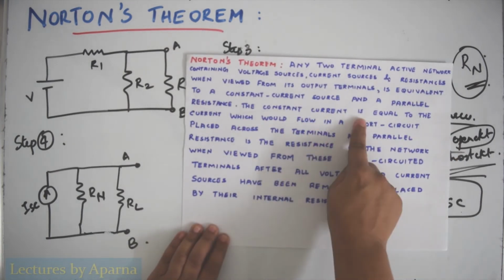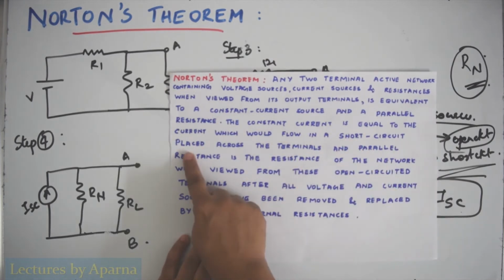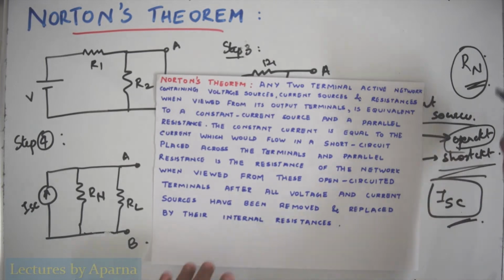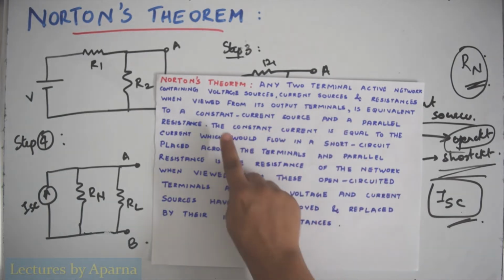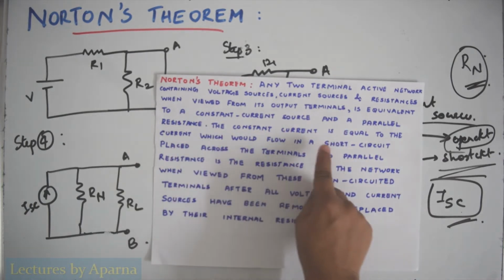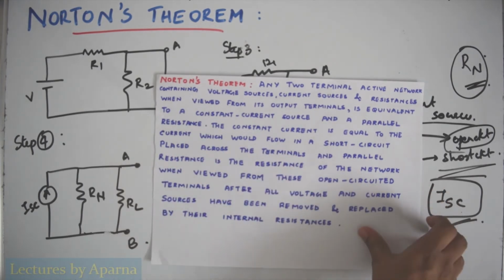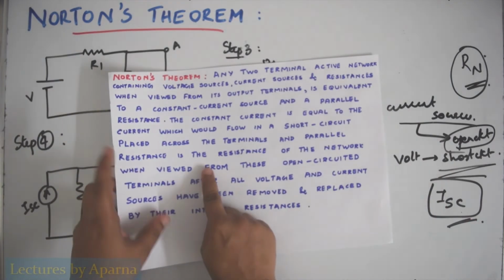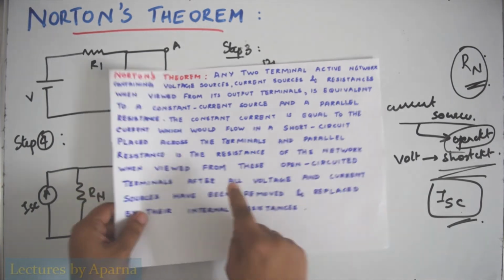The constant current is equal to the current which flows in a short circuit placed across the terminals. That is, when we found this ISC, we short circuited the path. So that value of current. And the parallel resistance, this resistance value, is the resistance of the network when viewed from these open circuited terminals.